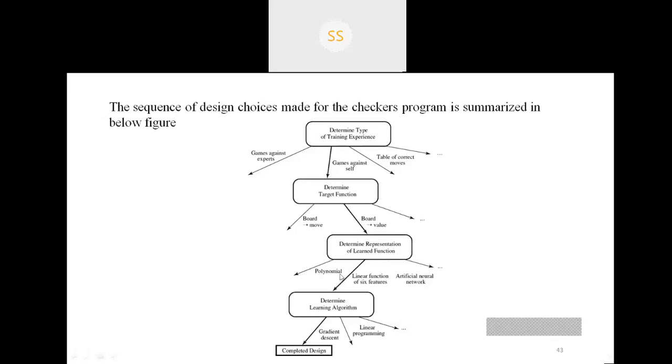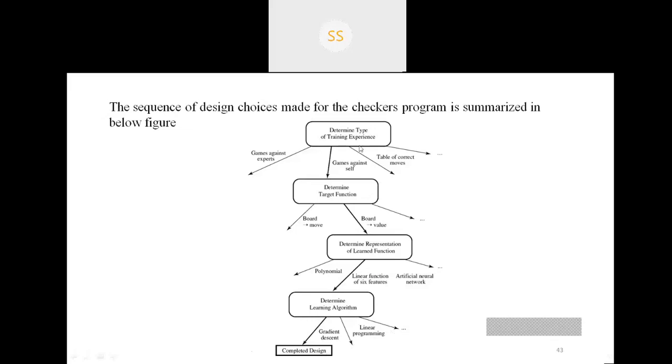Either you can represent it using a polynomial, or you can use a linear expression function of six features, or an artificial neural network. Using any of these, you can represent the function. In case of the linear function of six features, you can determine the learning algorithm, whether you are using gradient descent or linear programming or other algorithms. Once it is done, your design is complete.